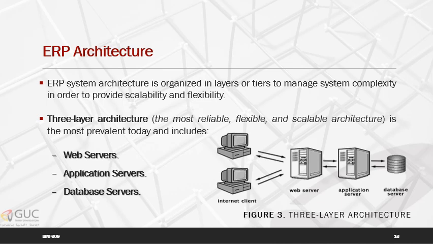ERP systems architecture is organized in layers or tiers to manage system complexity, in order to provide scalability and flexibility through plug-and-play systems, which is very important in enterprise-level systems. The three-layer architecture is the most common architecture now and includes web, application, and database servers. It is the most reliable, flexible, and scalable architecture.